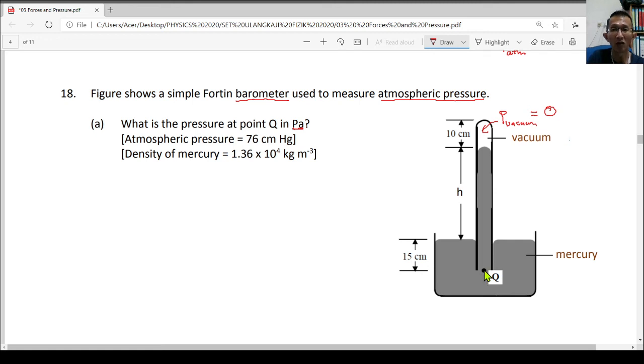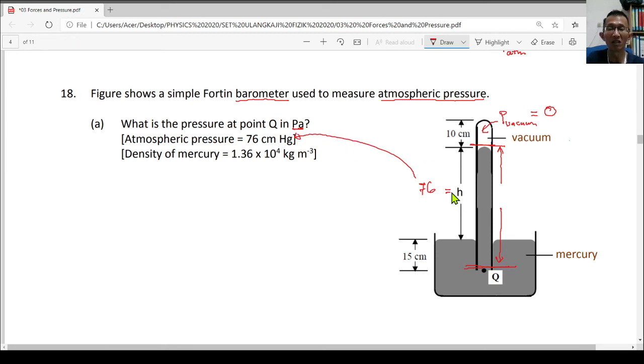So what is above Q? I have mercury. And what is the length of the mercury column from here to here? Do I know? Yes, I do know that my H here must be 76, this is my atmospheric pressure.